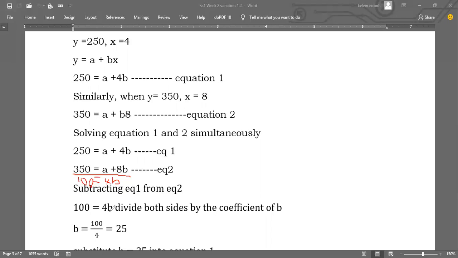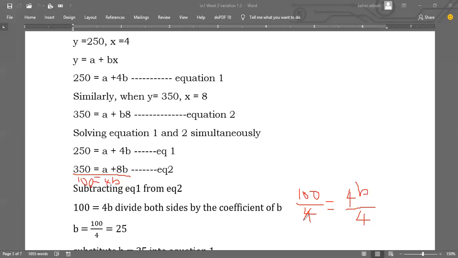I can do all this. Just divide both sides by the coefficient of b. What are you going to have? So you have 100 over, because you divide both sides by 4, is equal to 4b all over 4.